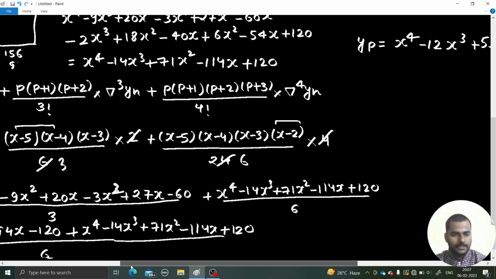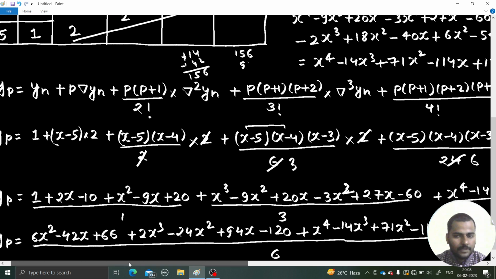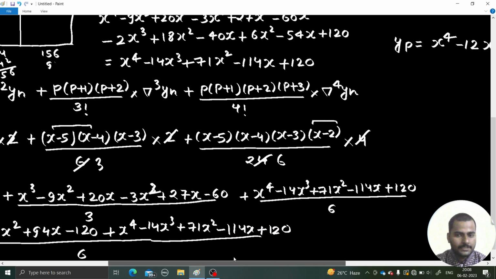Whatever the constant term, it is coming out to be 66 minus 120 plus 120. So it will be 66.